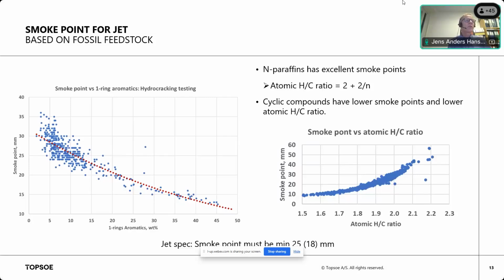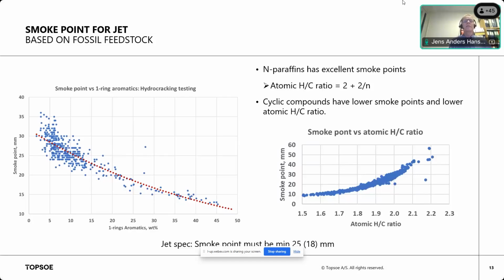What I have shown here is the smoke point as a function of aromatics boiling in the jet range product, and you can see smoke point will increase if the content of aromatics drops or decreases. So you need to remove aromatics in order to have a high smoke point.